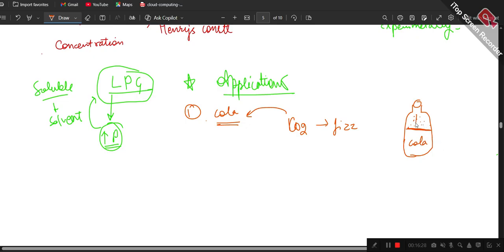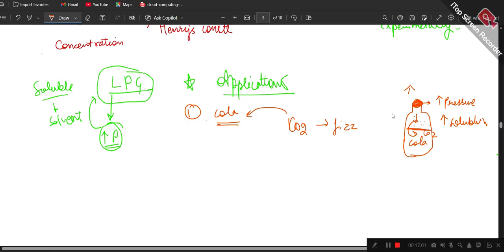Now this fizz is inside this container because it has been sealed under high pressure. Due to the high pressure, the solubility of the gas increased, and hence the CO2 gets dissolved into this cola. So whenever you open this, you are reducing pressure and the solubility reduces, and the gas just gets back into its phase state.